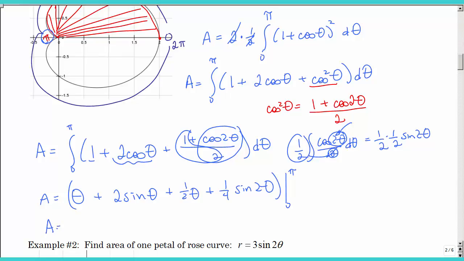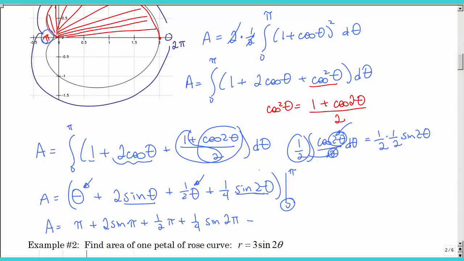So we're going to have the area equals pi plus 2 times the sine of pi plus 1/2 pi plus 1/4 the sine of 2 pi minus, when I put in 0 here, that gives you 0. The sine of 0 is 0.